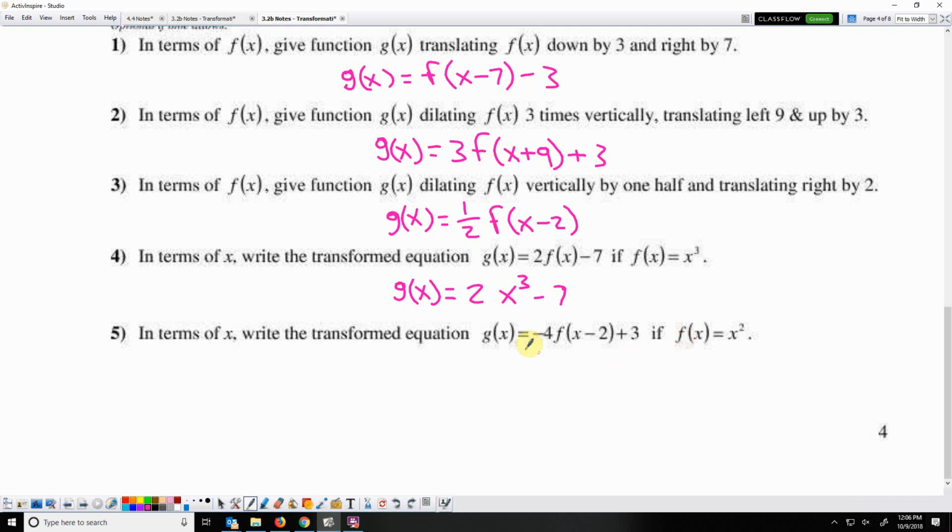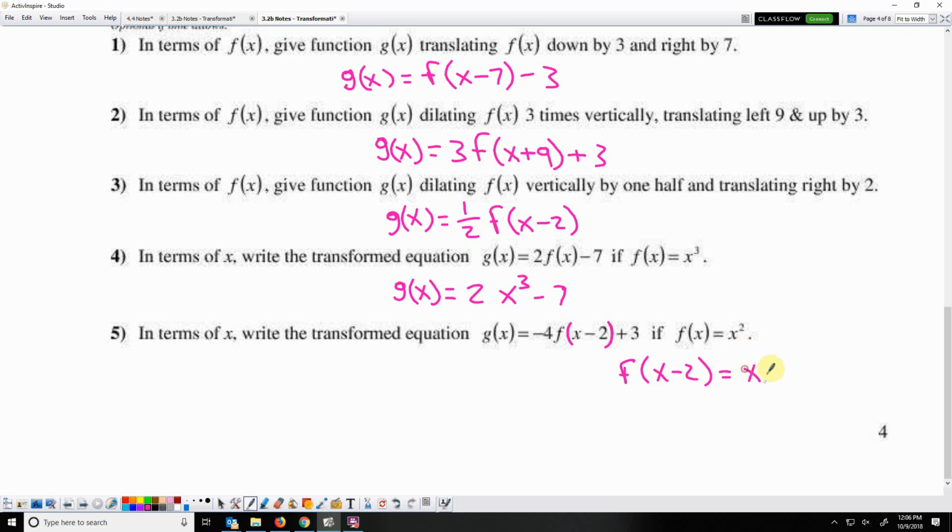And then for our g of x, it is negative 4 times f of x minus 2 plus 3. And the original function is x squared, and here I've got a minus 2 in that function. So f of x is going to become f of x minus 2.